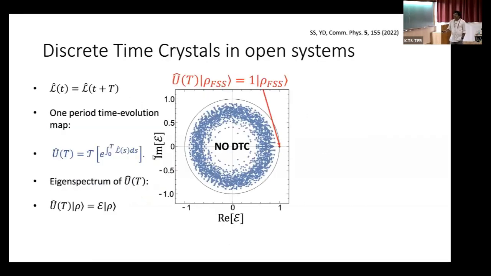So now let's see what to look for if I want to have a time crystal. I have a Liouvillean which is time periodic. What I will look at is the one period time evolution map, or Floquet map. This looks like a time ordered exponential of the Liouvillean superoperator. The superoperator means that I have a density matrix which has the dimension of the Hamiltonian.